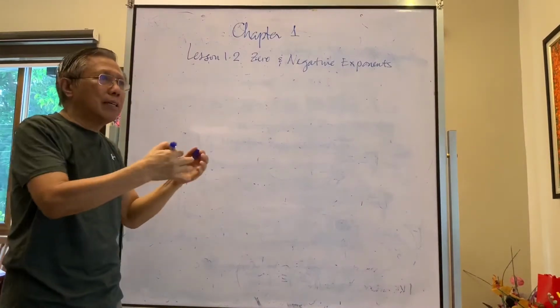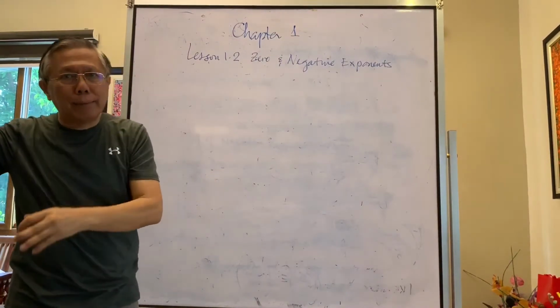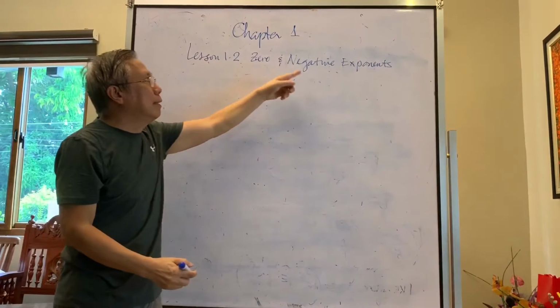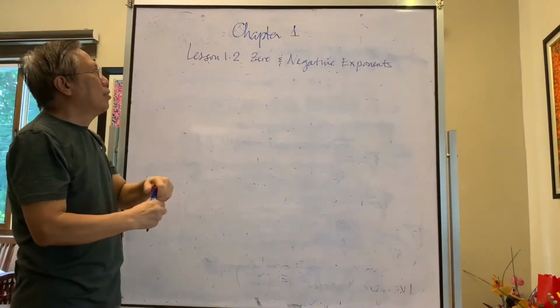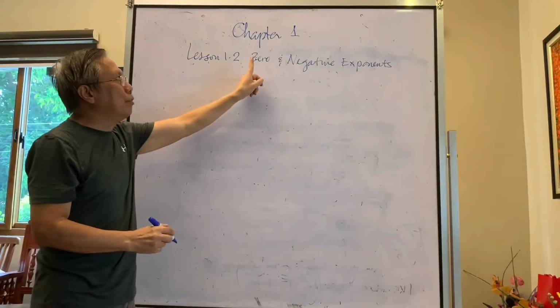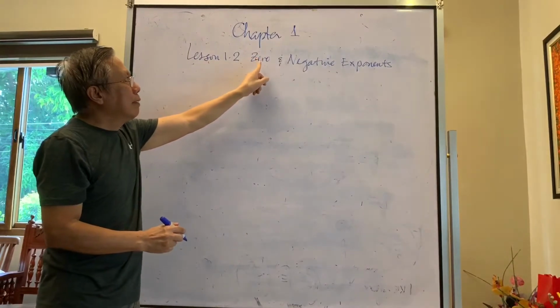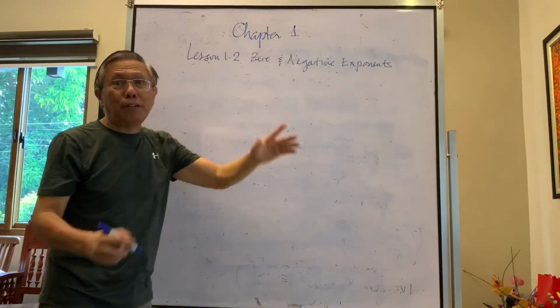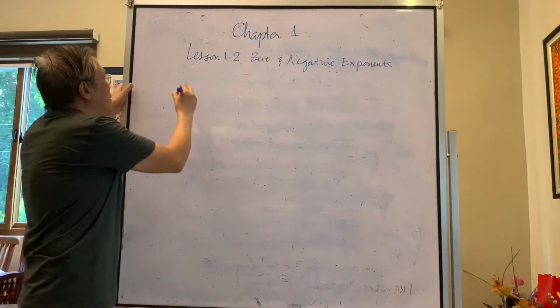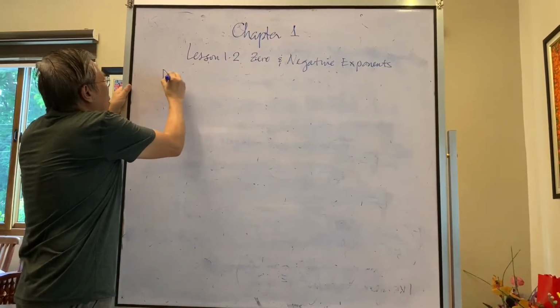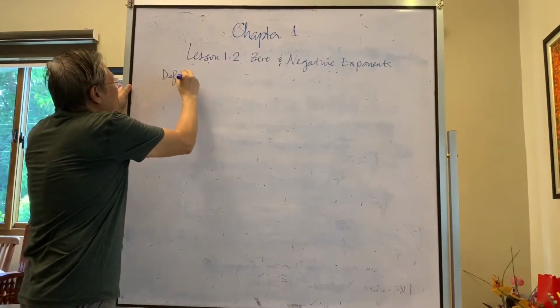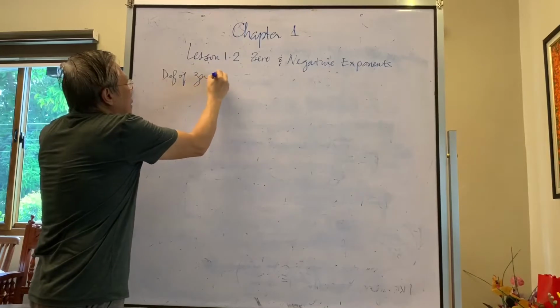That means counting numbers 1, 2, 3, 4, 5, 7, 8, 9, 10. We did not consider 0 and the negative exponent. So our objective today will be for you to be able to apply 0 and negative exponents to simplify algebra expressions. Okay, so we have our definition of 0 exponent.